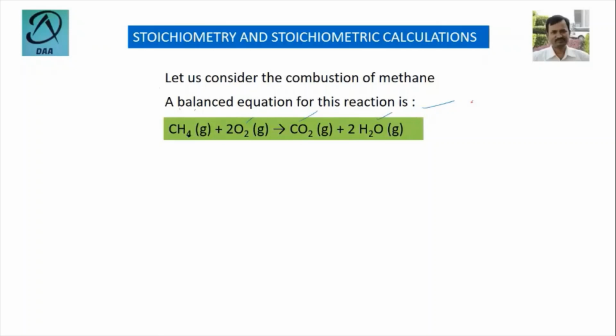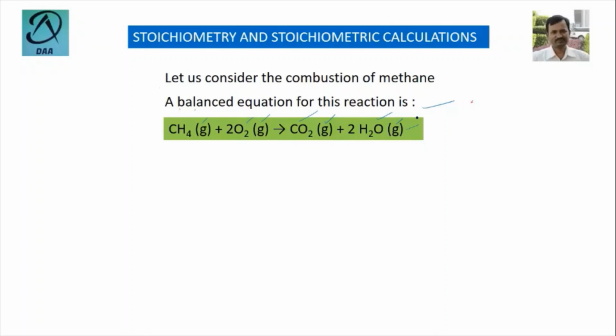That means CH4 is in gaseous form, that's why small g is in the bracket, and for oxygen also small g is there to mention it is in gaseous form, and for carbon dioxide also it is a gas, so g is mentioned here in the bracket, and H2O in vapor state, that means gaseous state. Here also small g in the bracket is mentioned.